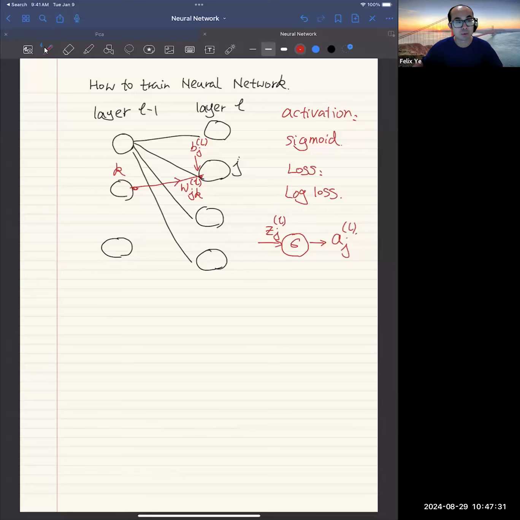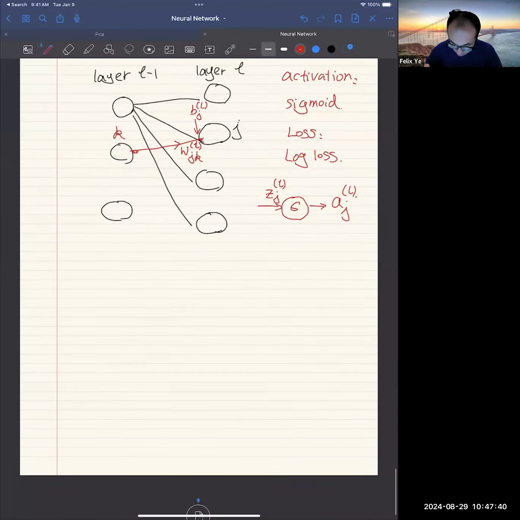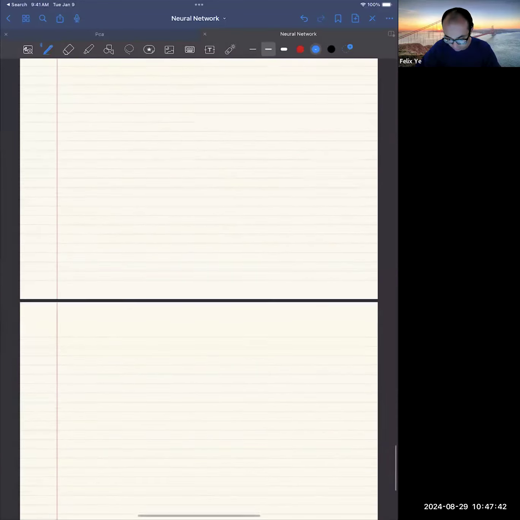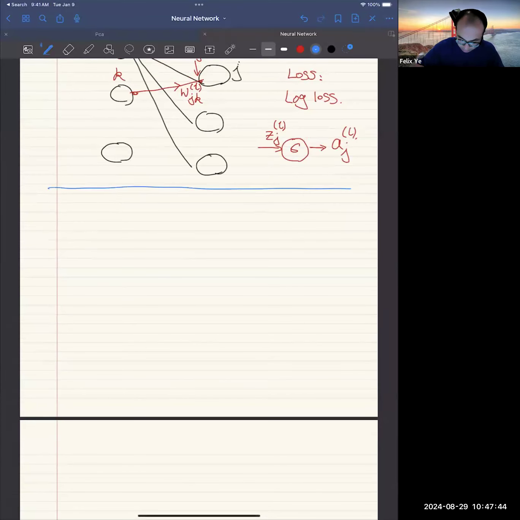Okay, before we get into the details, I need to specify those notations clearly. So let's just make sure we have the right notation to work with.